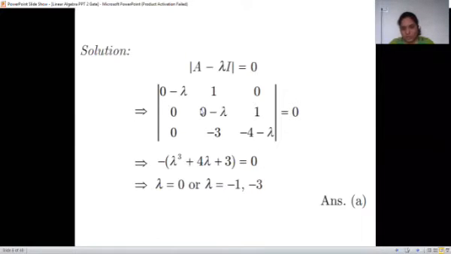So only the change will be in the diagonal, that is whatever elements are there, we'll write minus lambda to them, right? And taking determinant, here all the things are negative sign. So we can take that negative sign out 3 times, that is negative, and it is lambda into 4 plus lambda plus 3, right? So solving that, we get this equation.